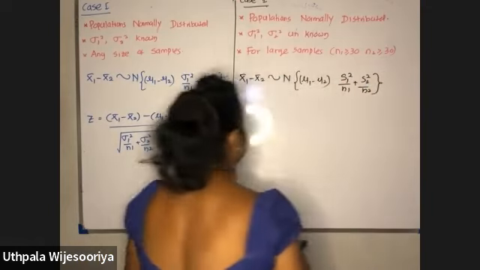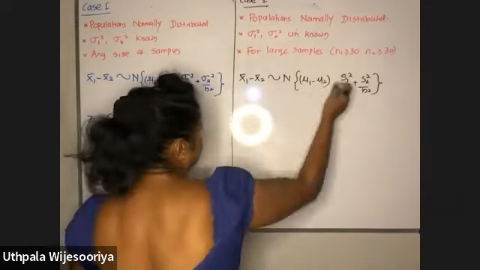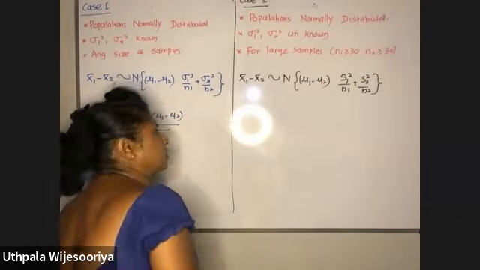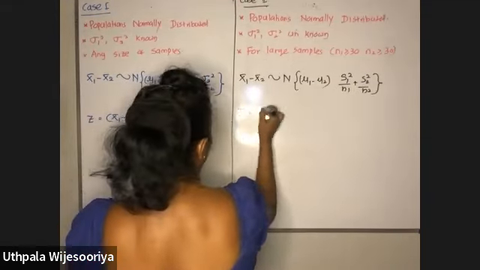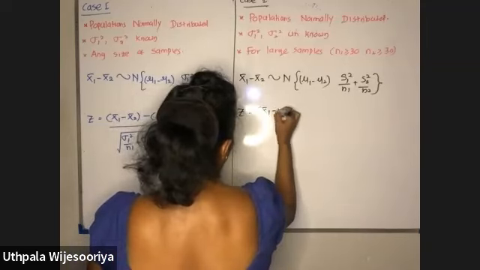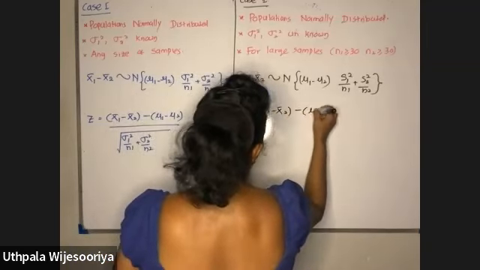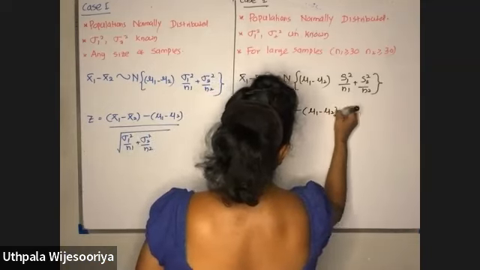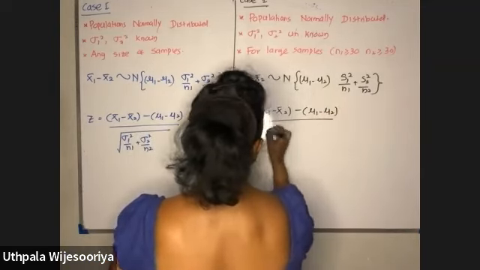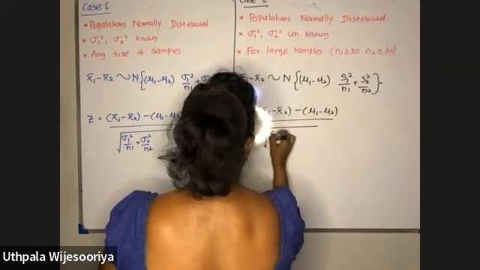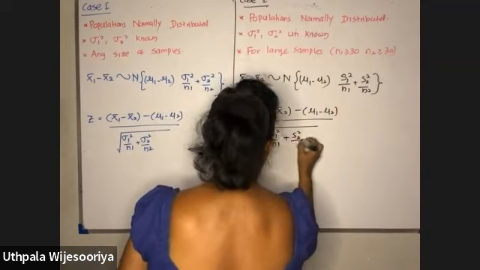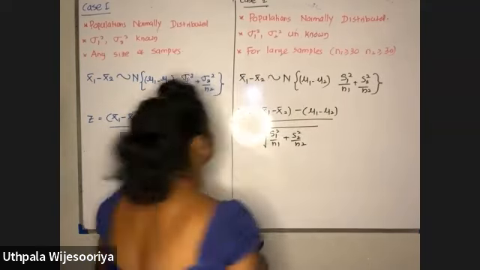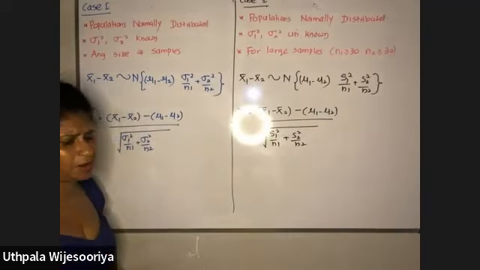For the Z value, we replace our population variances by sample variances. Z is equal to x bar 1 minus x bar 2 minus mu1 minus mu2, over the square root of S1 square over n1 plus S2 square over n2. Now this is case number 2.